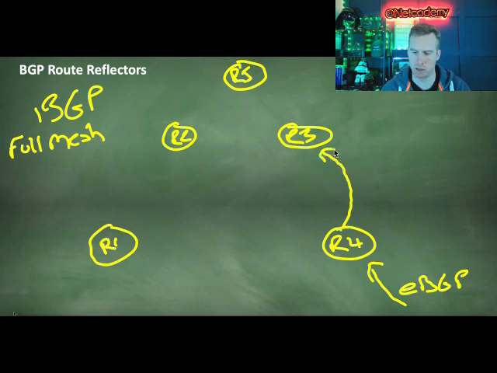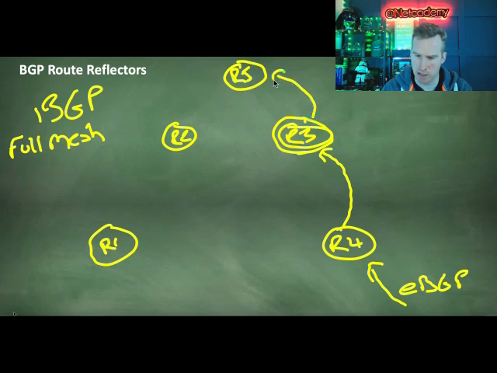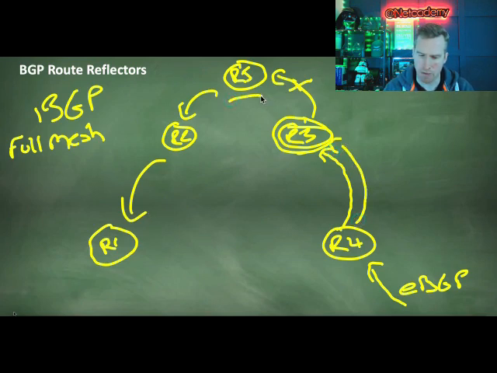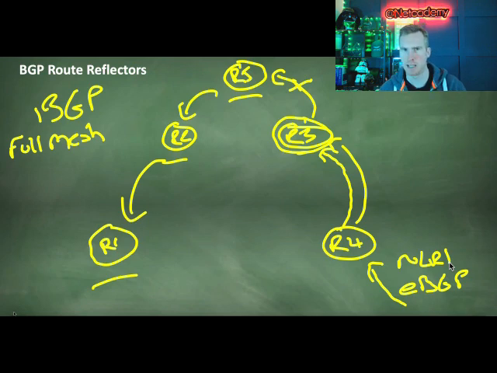That's fine, because router R3 knows how to get to router R4. However, the rule of iBGP states that an iBGP peer, router R3, is not going to forward it on to router R5, who's then not going to forward it on to router R2, who's then not going to forward it on to R1. So as soon as this route hits router R3, R5, R2 and R1 do not learn about that network layer reachability information, i.e. that prefix that has been received on router R4 and advertised to router R3.